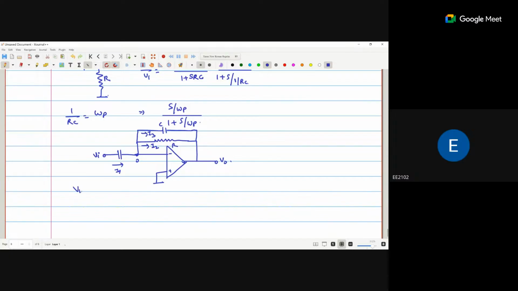So Vi minus 0 divided by 1 by Cs is equal to 0 minus V0 divided by 1 by Cs plus 0 minus V0 divided by R. So Vi upon 1 by Cs is equal to minus V0 times 1 by R plus 1 by Cs.